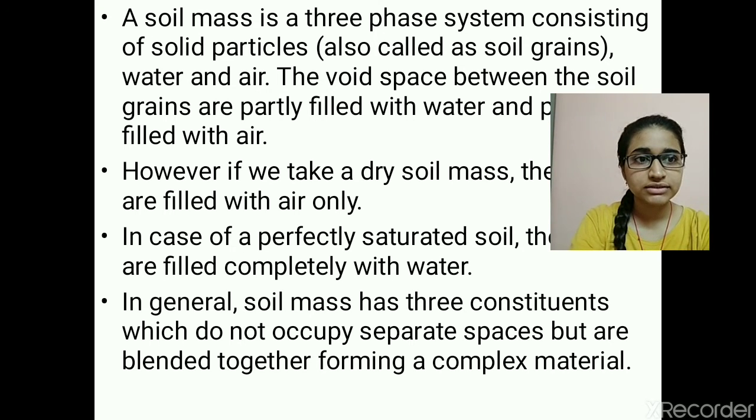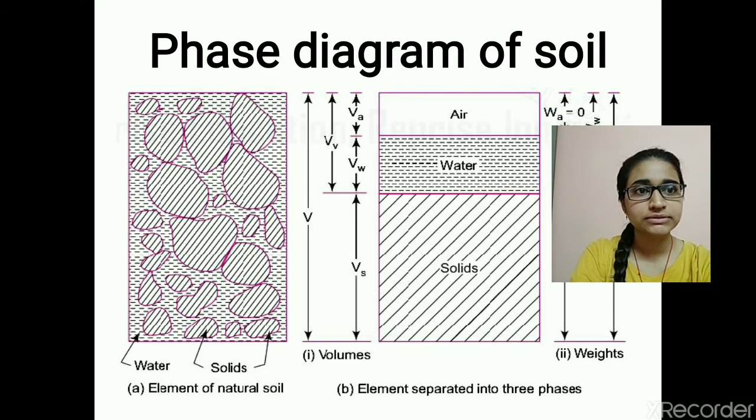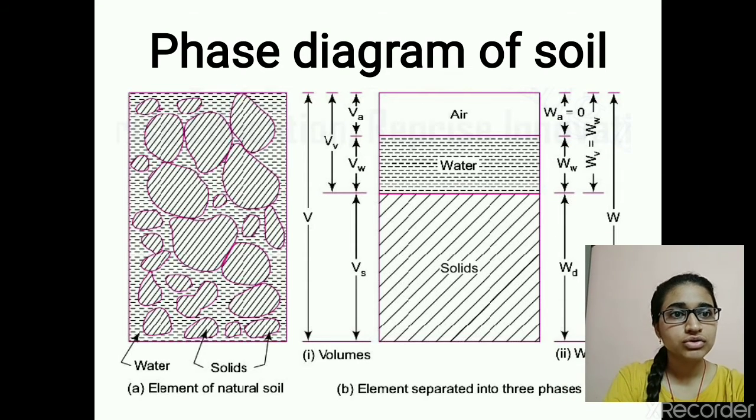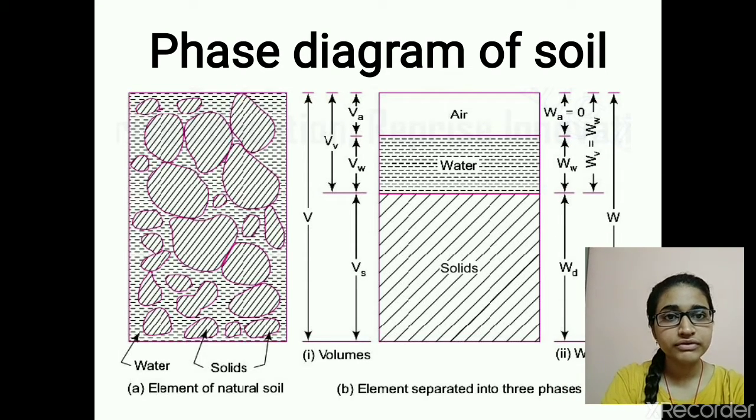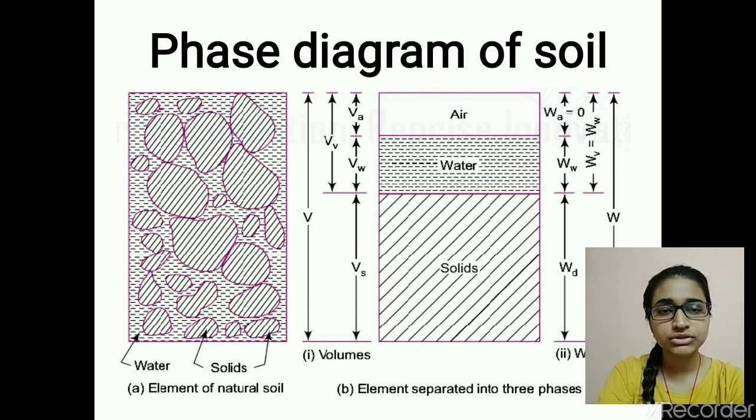Let us understand this with the help of this figure. You can see in diagram A, that is the example of a natural soil. The soil particles are in the form of a bit circular shape, not exactly circular but similar to circular.